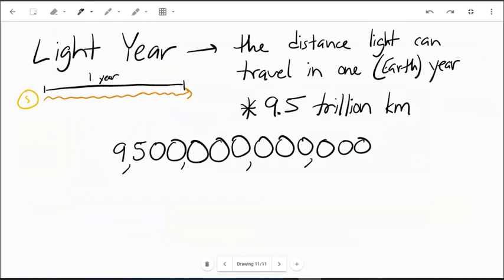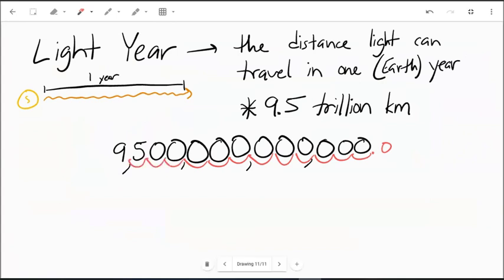So a better way to write this is using the zeros, counting up the spots, and then making it times 10 to some power. Here's a decimal spot, right? Like this is 9.5 trillion point 0, think of it that way. How many spots? 1, 2, 3, 4, 5, 6, 7, 8, 9, 10, 11, 12.